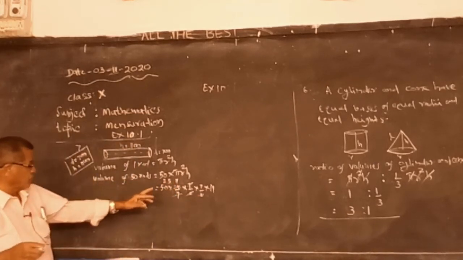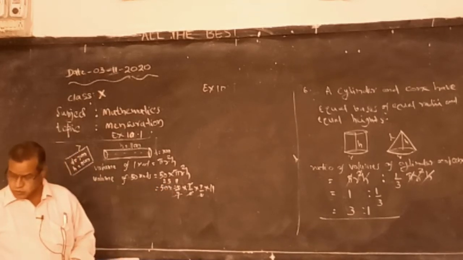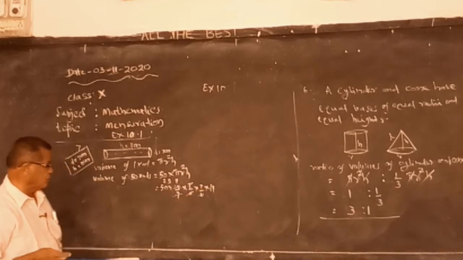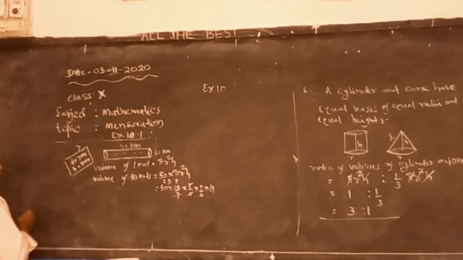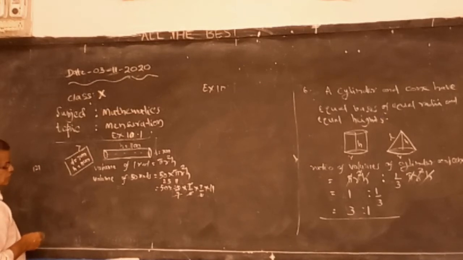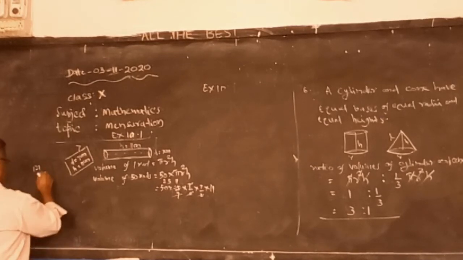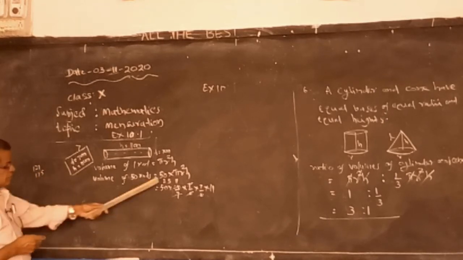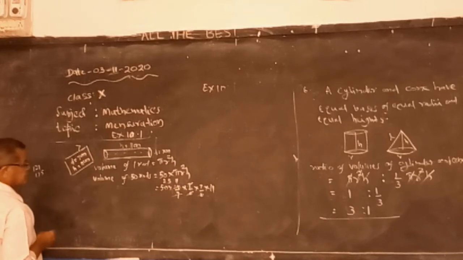Multiply: 121 into 7 into 25, that is 175.